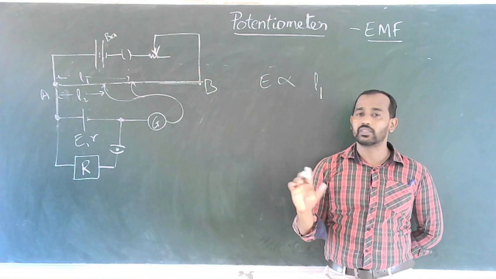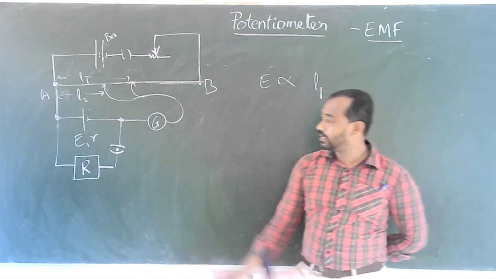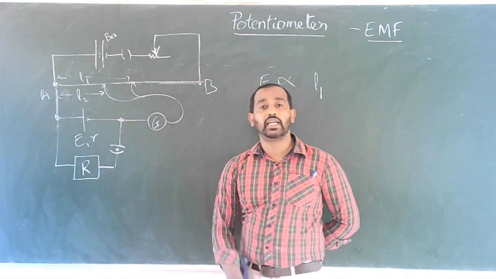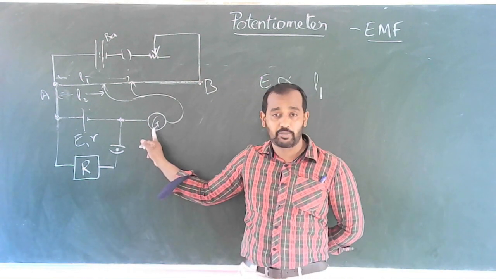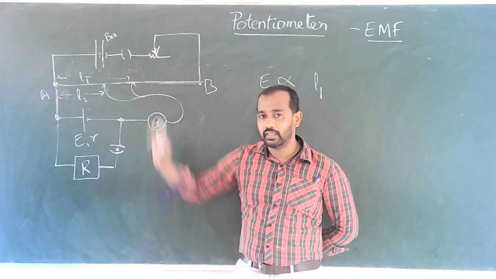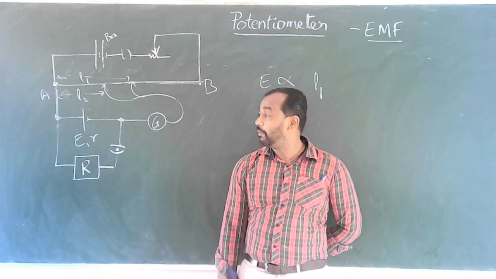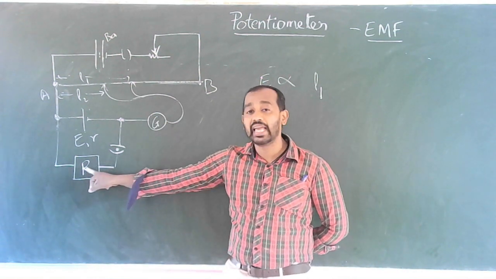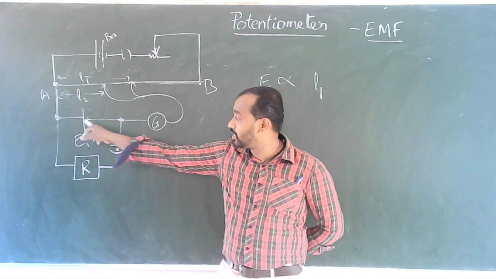Now, it is not the EMF. Since the resistor is connected, even though no current is flowing in the galvanometer, since we are obtaining the zero deflection point, the current will be flowing in the external resistor R, which is drawn from the cell.